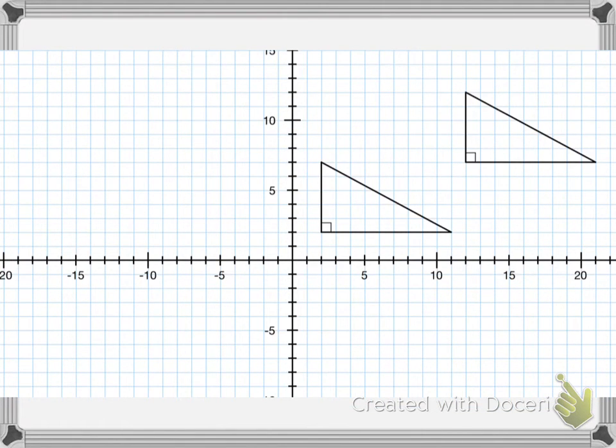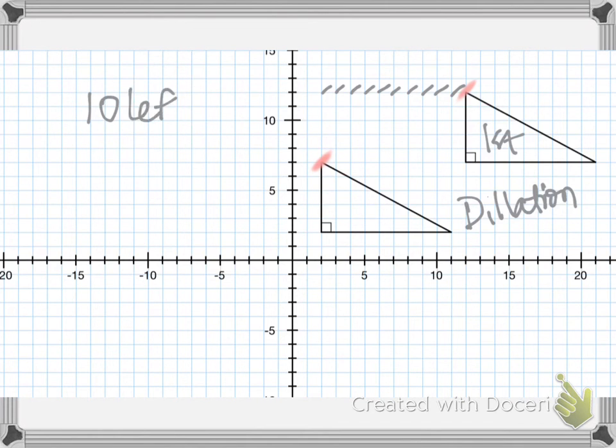In this example, I'm being asked what happened, and this was what we call a dilation or a translation. I'm going to pick this point. This was my first triangle. So to show how far it moved, it went to the left 1, 2, 3, 4, 5, 6, 7, 8, 9, 10. So it went 10 left.